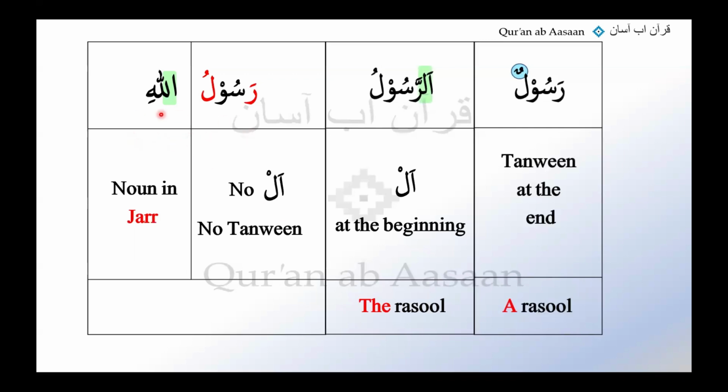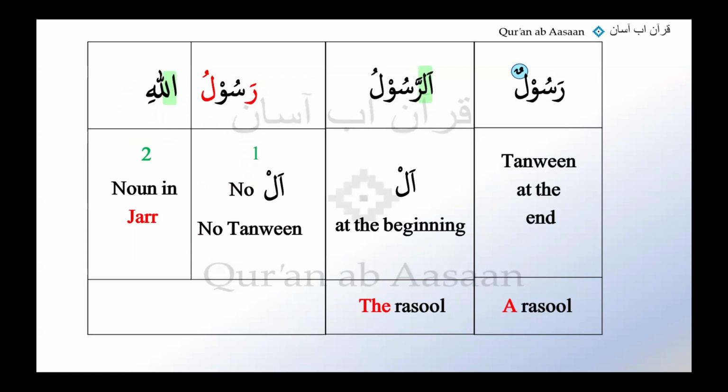These two nouns together, the first one with no al, no tanween, and the second noun in jar, have a special relationship.